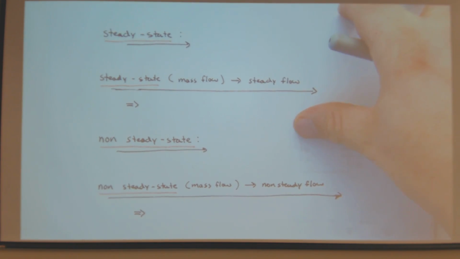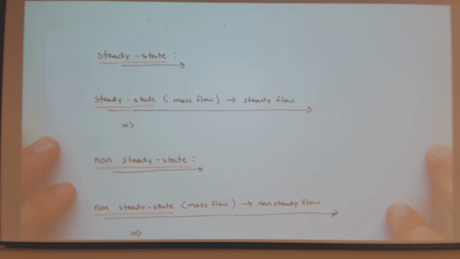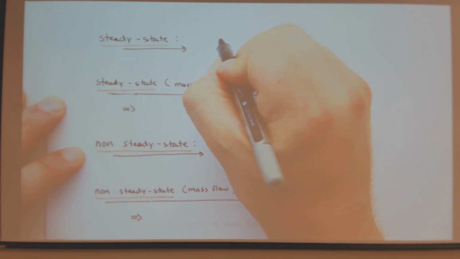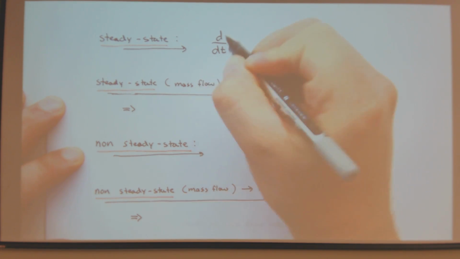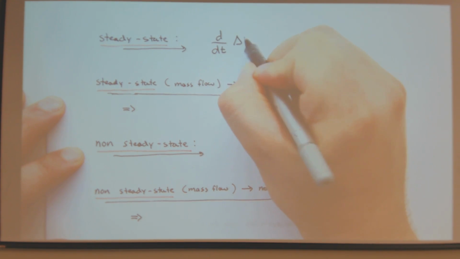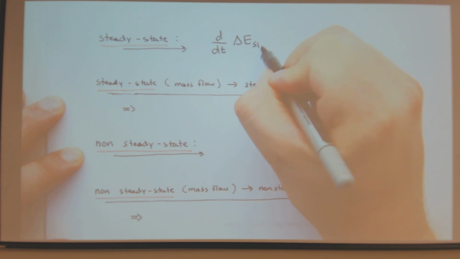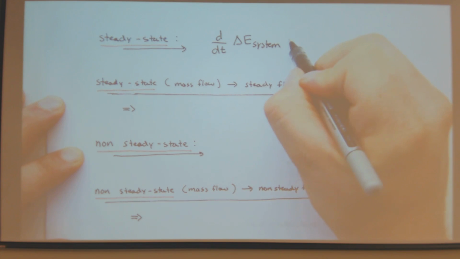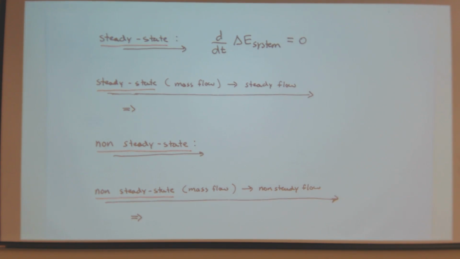What does steady state mean? I talked about this. So steady state implies, on a very general level, delta E system equals 0. So the time derivative of this equals 0.